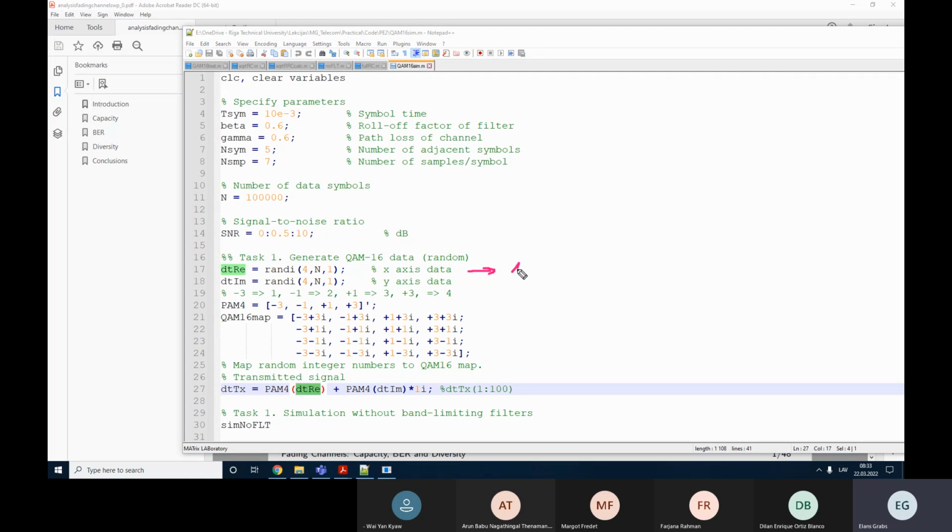So here we, for example, have random numbers 1, 2, 3, 4, which accordingly translate into 00, 01, 10, and 11, for example. Similarly, we do the same for the second part. Accordingly, the entire QAM16 symbol is going to consist of two such parts.